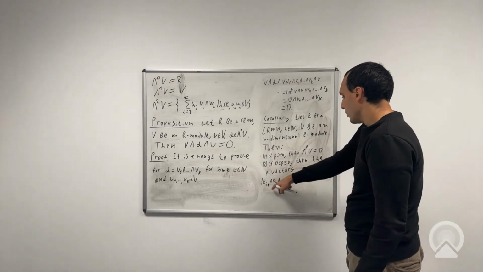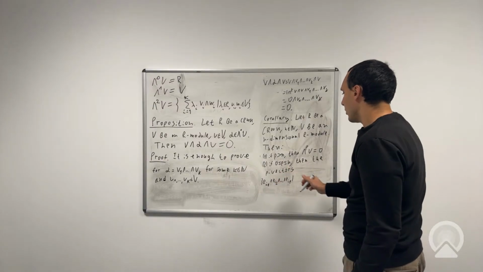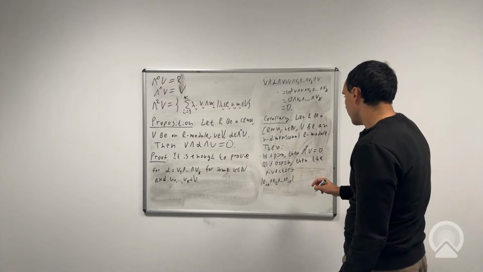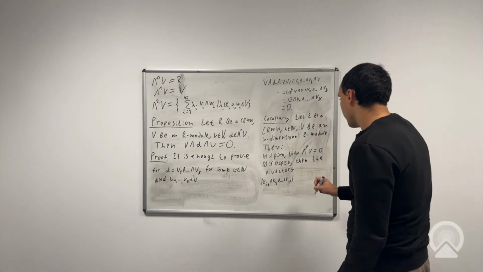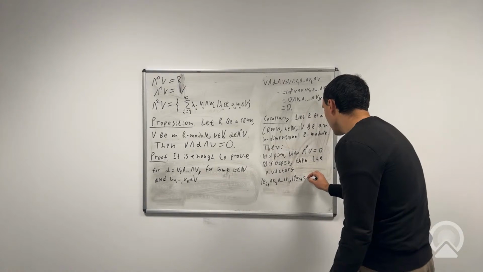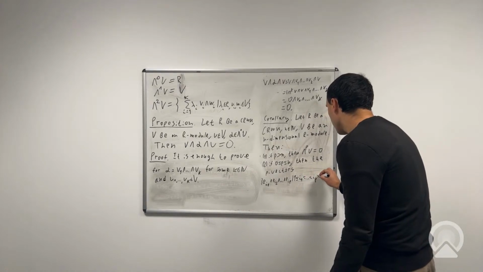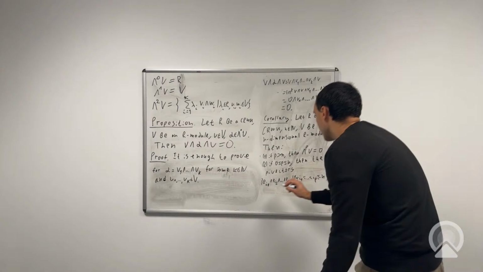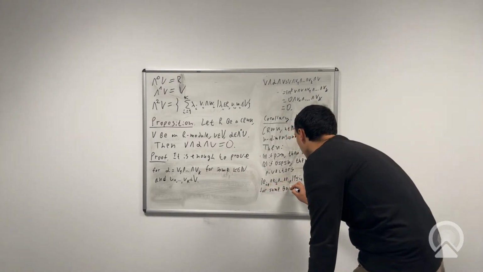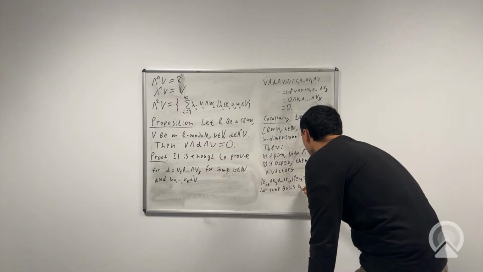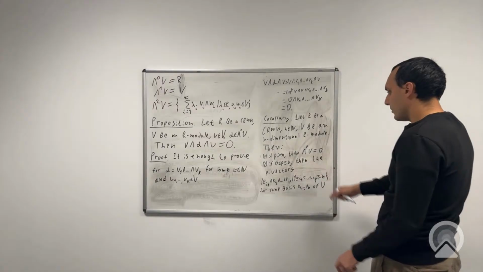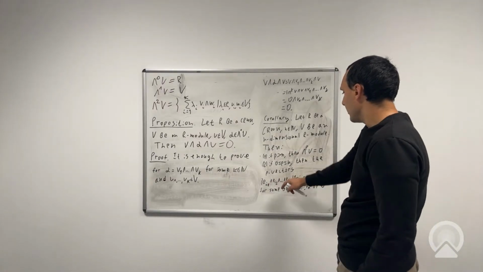So it's enough to take only such ordered things, with i1 less than i2 and so on with strict inequalities, for some basis e1 to en of V. So we have some basis of V, and we have such p-vectors.